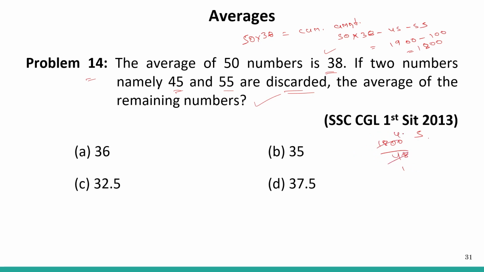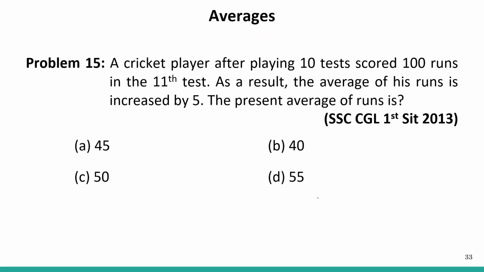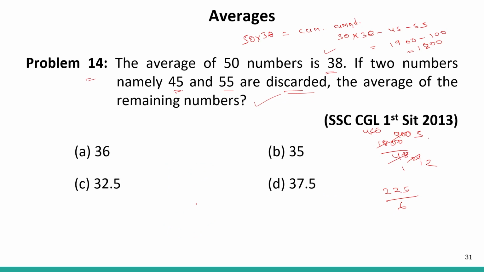So this will be 900 by 24, and this will be 450 by 12. So it will be 225 by 6, that is equal to 37.5. So the only correct answer here is 37.5. This is the correct one. These are all wrong answers.